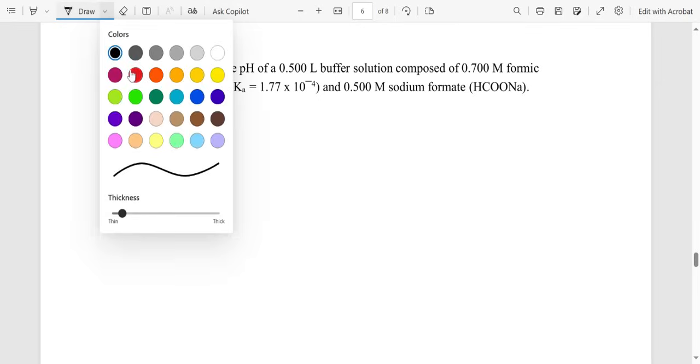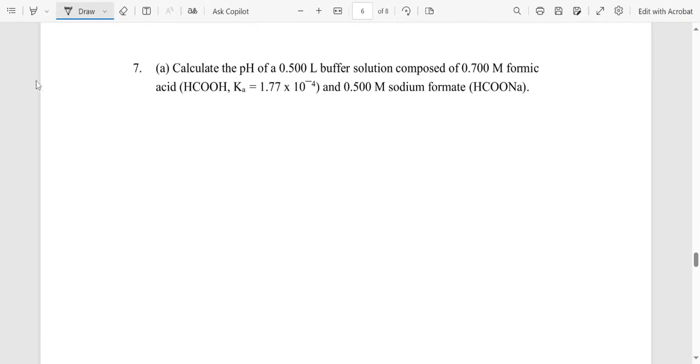So the first thing that you need to realize is this. Every buffer contains the acid and the base. So the acid is HCOOH. If the formic acid dissociates, you are going to get the formate ion, HCOO minus, and then hydrogen.